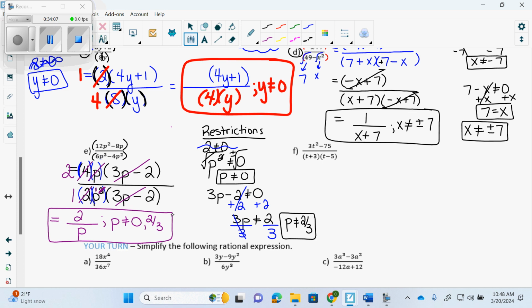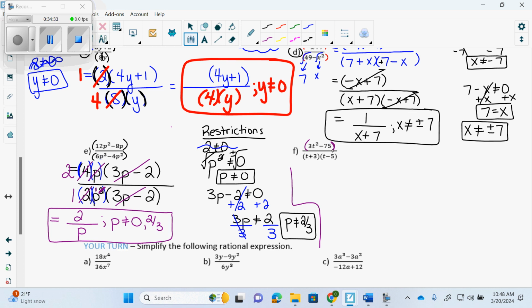Okay, we're going to look at f. The numerator in f, is that a human or a snowball? The numerator in f, the top in f. Human or snowball? It's a human because 3t squared is the head, minus is the body, 75 is the feet, and then on the bottom I have 2 humans. Correct? Are there any twins in the numerator or the denominator currently?